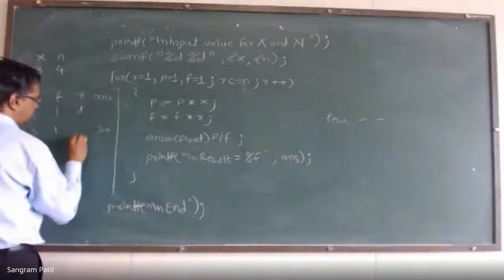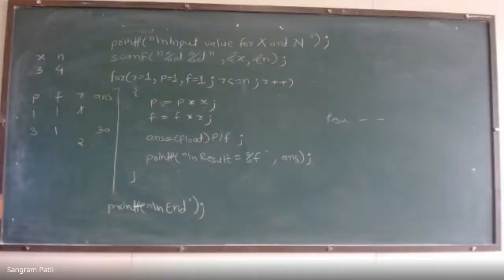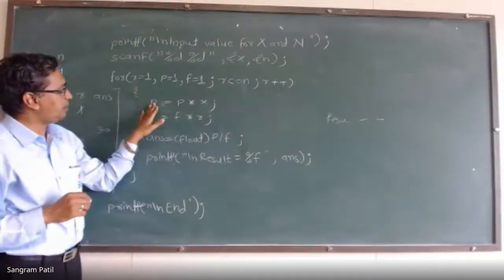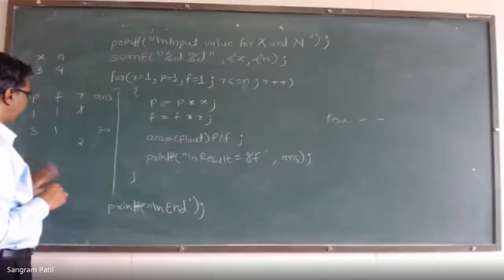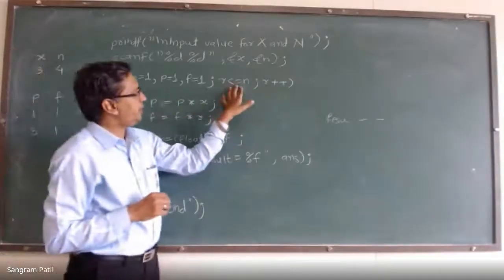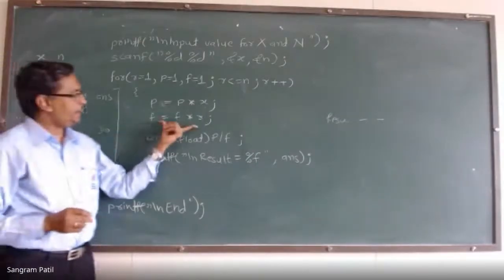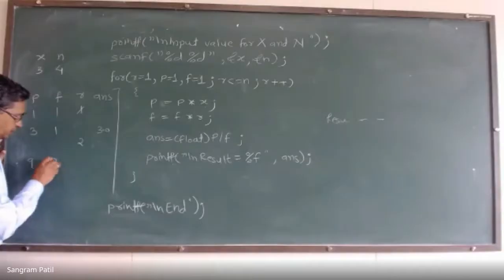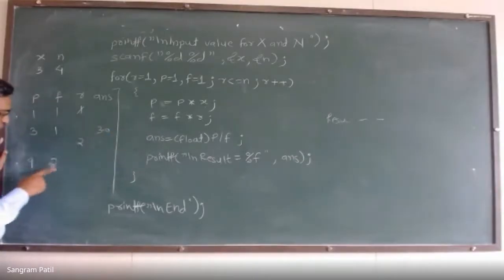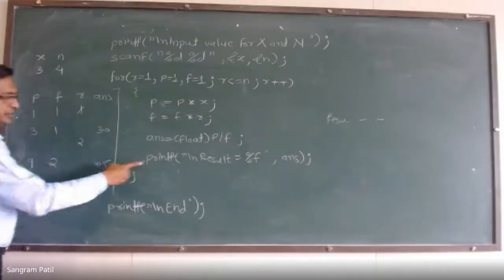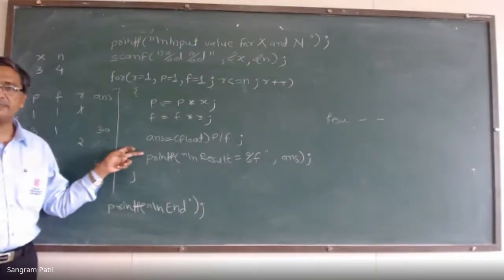R plus plus, value of R becomes 2. Less than equal to N, yes, P equal to P into X. 3 into 3 is 9. F equal to F into R. 1 into 2 is 2. Answer equal to 9 by 2. So this is 4.5. So this gives you result as 4.5.